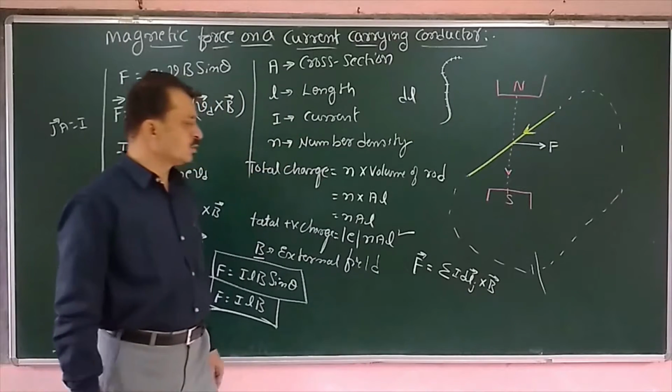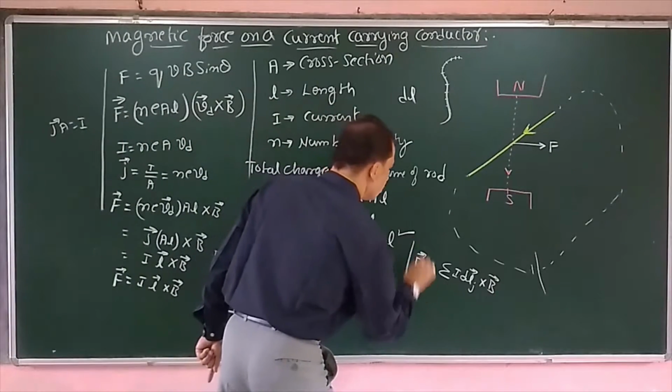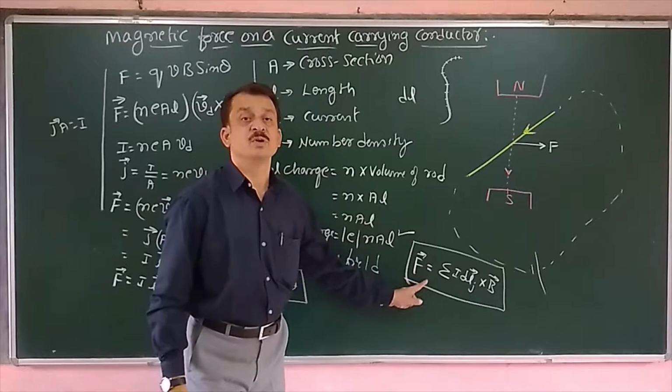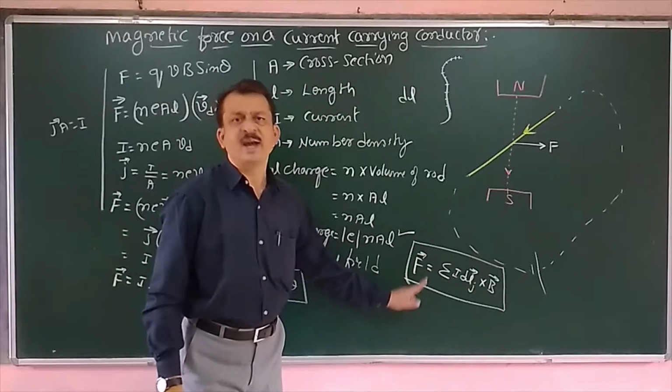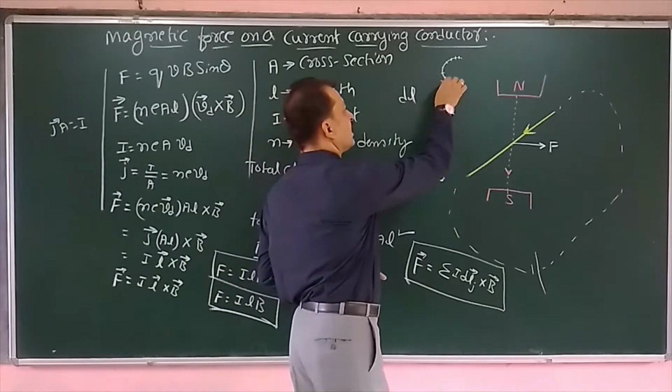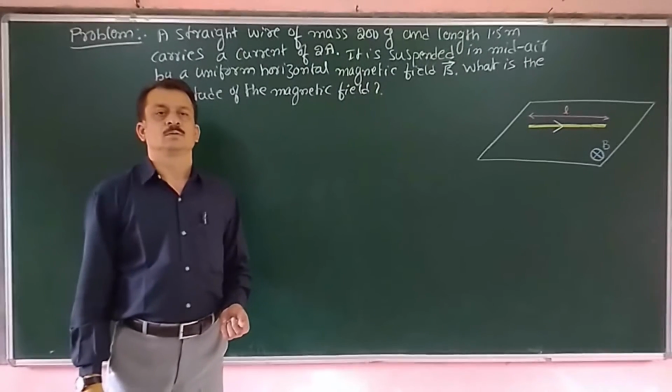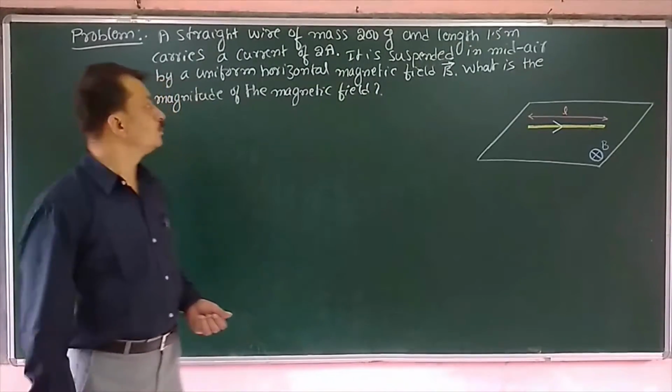Like this we are going to calculate the total force experienced by an arbitrary shaped conductor carrying a current. It should carry the current in any particular direction. Clear? Now we will work out one problem.